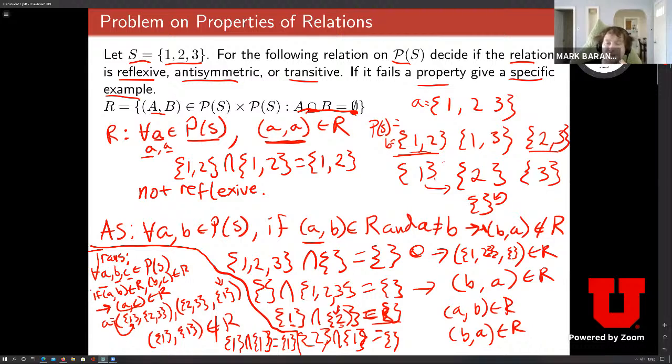You could just have self arrows on everything. That will work to make this transitive, because there's nothing to show there.